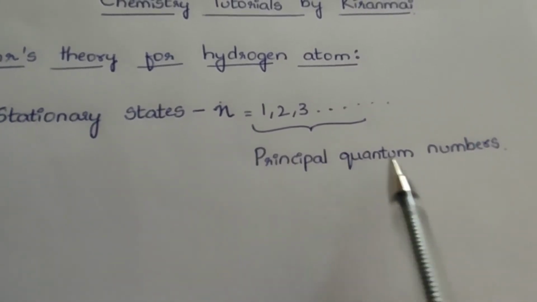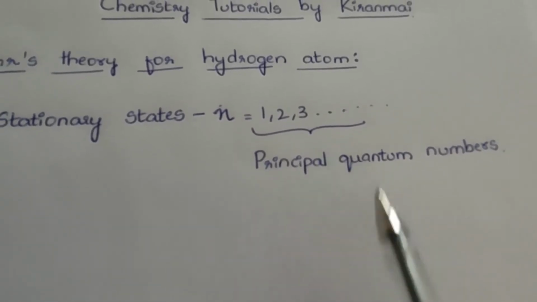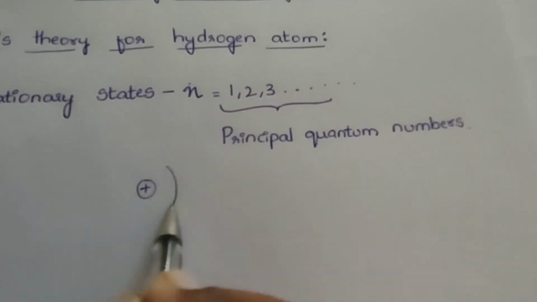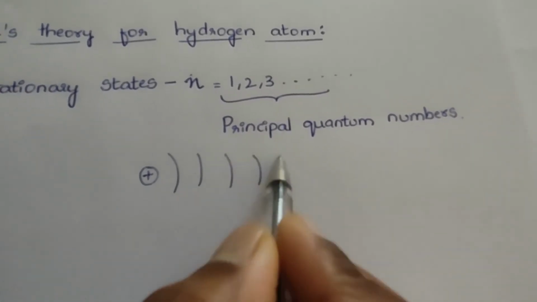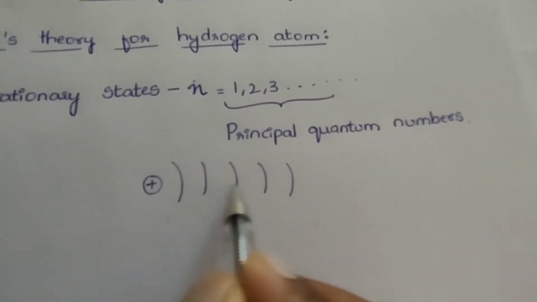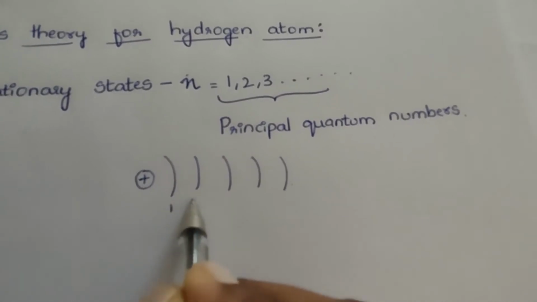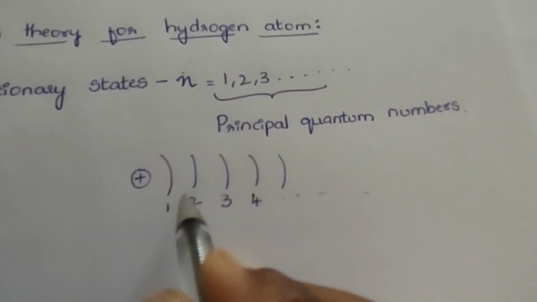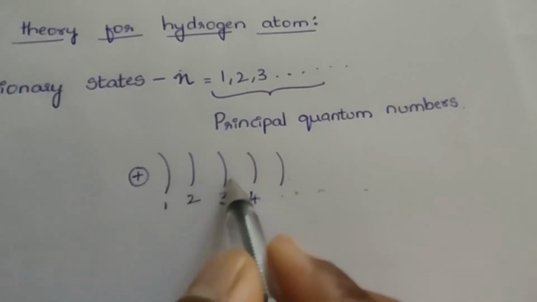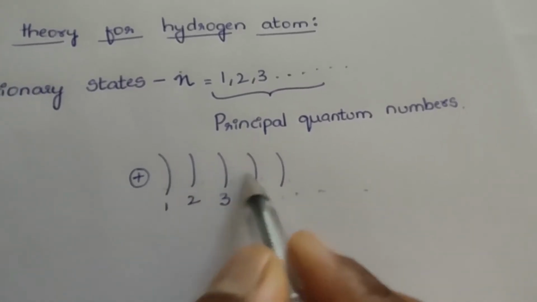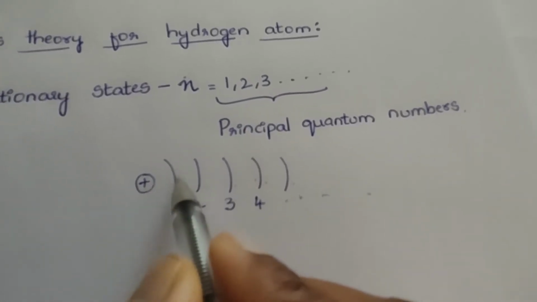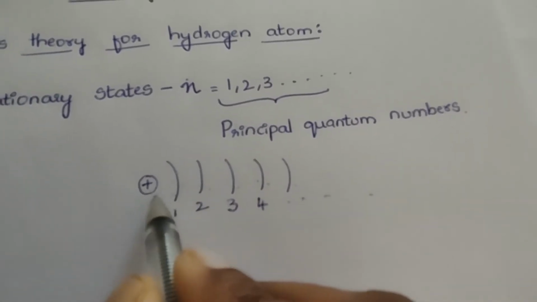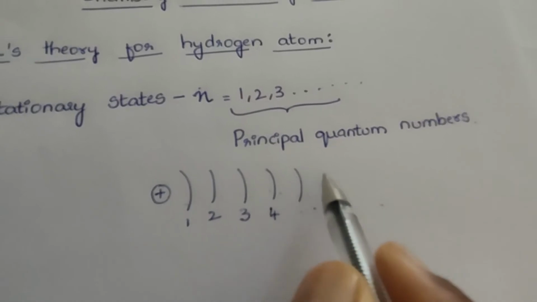If this principal quantum number increases, suppose this is the nucleus and these are the stationary states, numbered as 1, 2, 3, 4 and so on. As the principal quantum number increases, the distance between the electron present in that state and the nucleus also increases.